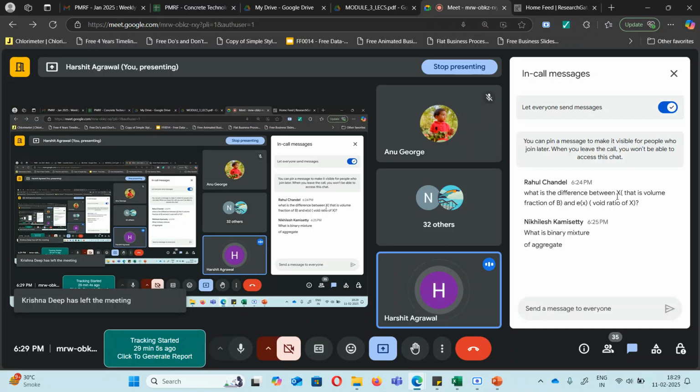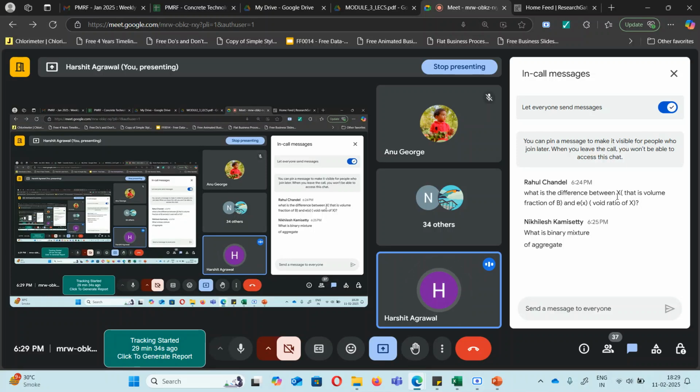Suppose I have 100 meter cube of aggregates, out of which 60 meter cube is B size and 40 meter cube is A size. So X represents my fraction of B size of aggregate. That is 60 upon 60 plus 40, so 0.6.